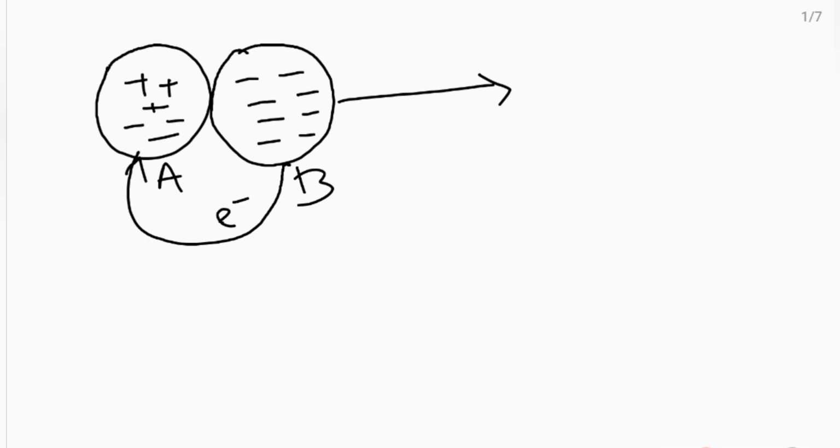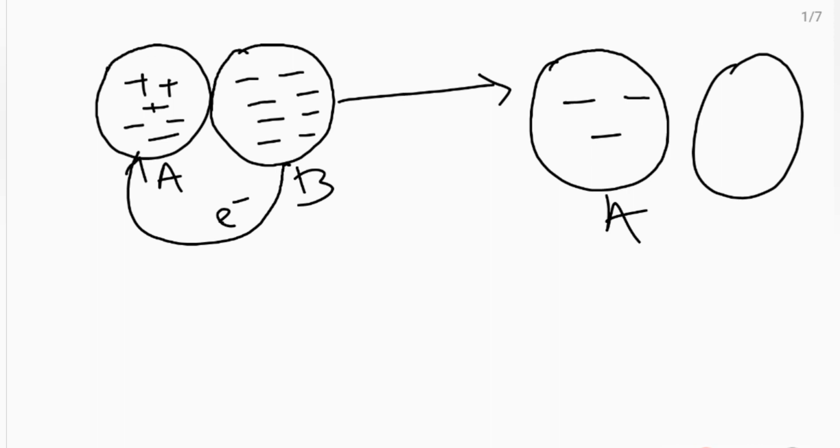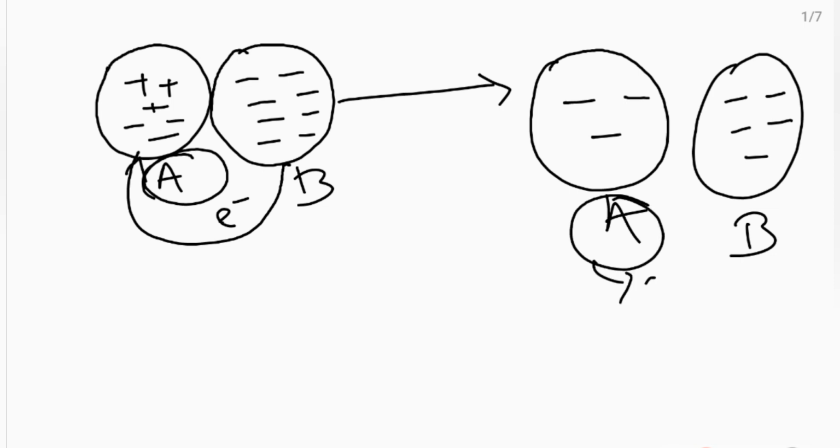As a result, after contacting, body A will have only negative charges, because positive charges get neutralized by electrons coming from B, and body B will also have only negative charges. So see, before contacting A was neutral, but after contact A is charged, that is negatively charged.